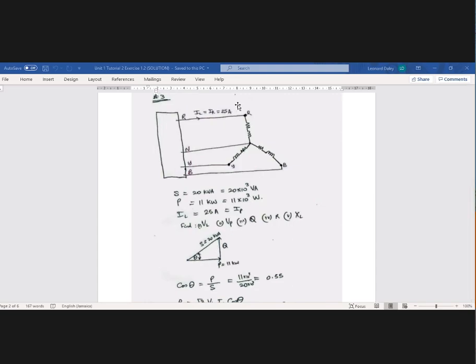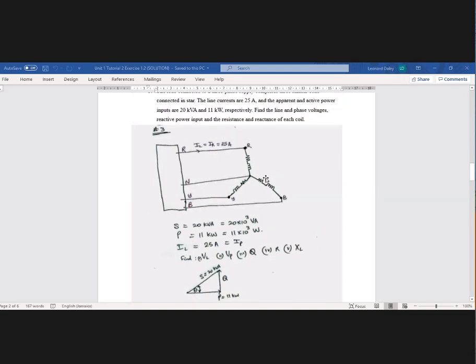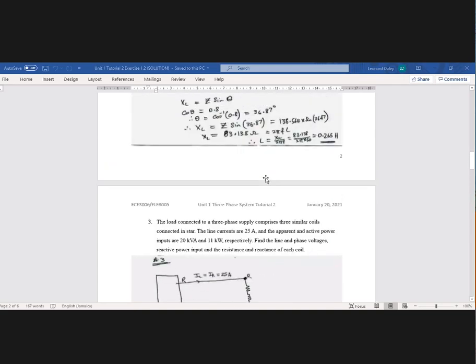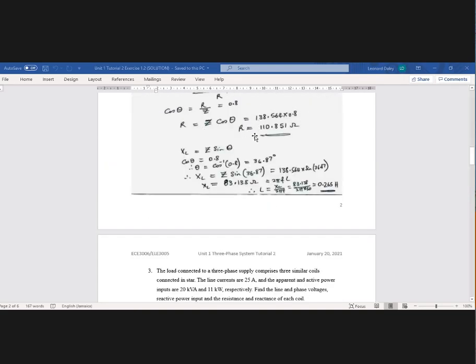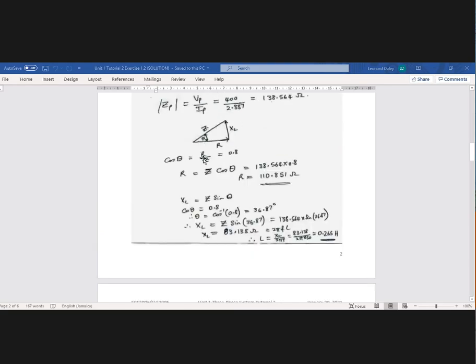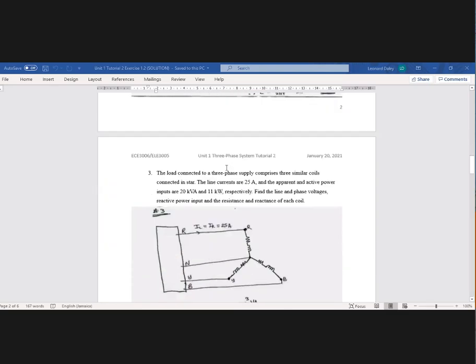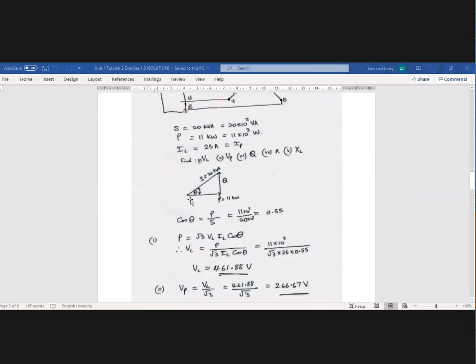So I've shown you the impedance triangle. We used it a while ago to help find power factor. In the impedance triangle, power factor is equal to R over Z. In the power triangle, it's equal to P over S. All right.